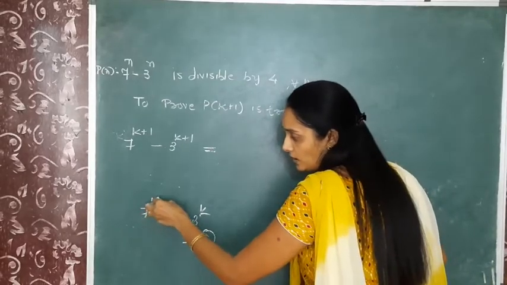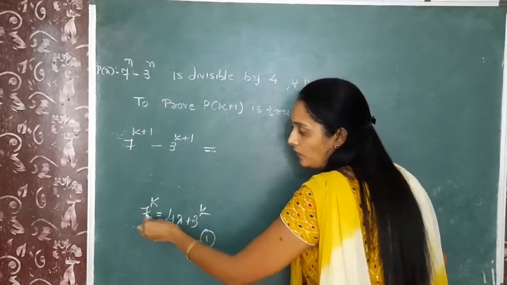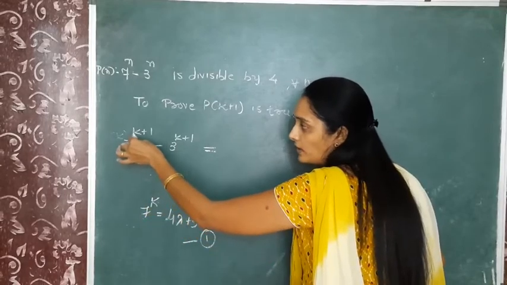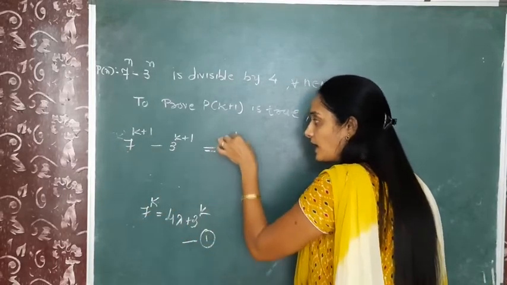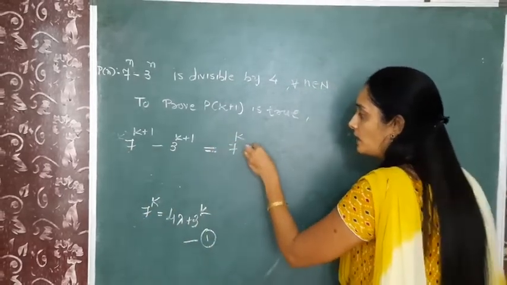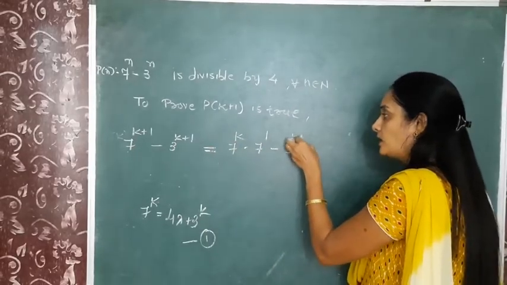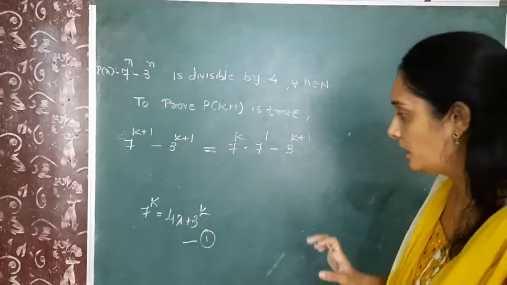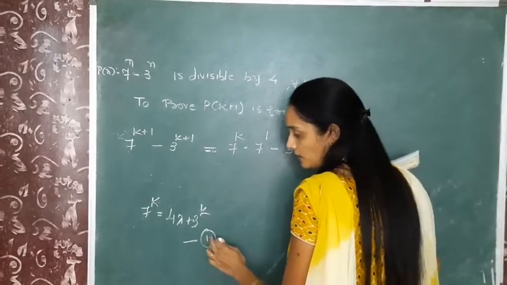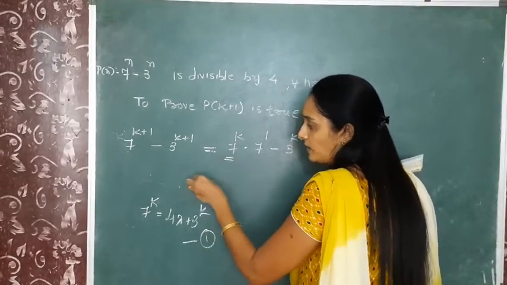You see that from 1 we have the value of 7 raised to k. So first we split this term, so we can write it like this: 7 raised to k into 7 raised to 1 minus 3 raised to k plus 1. Now from result 1 we replace the value of 7 raised to k.